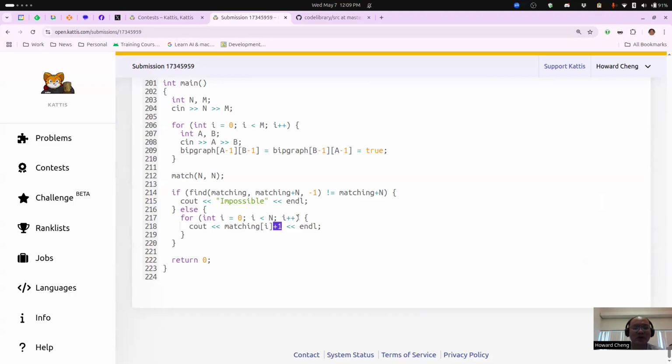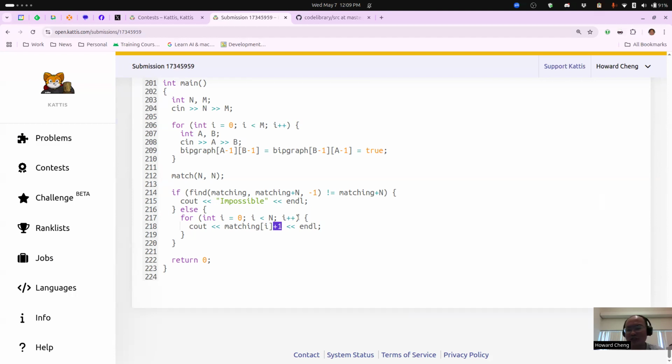So for many of the medium-hard level problems, especially with graphs, it's about recognizing how to model the problem to make it look like a well-known problem, in this case, matching.